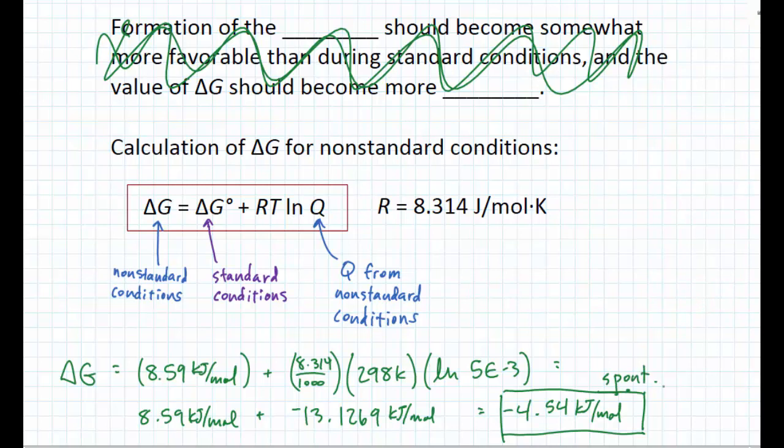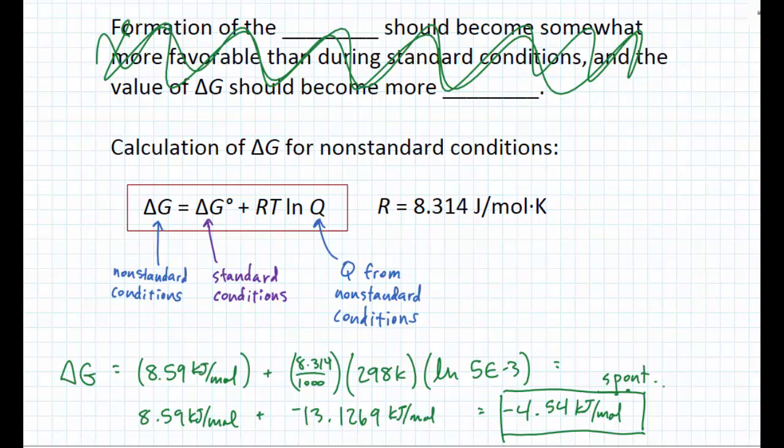So what does that mean if you have a glass of water sitting out in a room that happens to have 5 times 10 to the minus 3 atmospheres of water vapor? It'll start to evaporate. It will evaporate. Okay? Whether or not it evaporates depends on whether or not the air is saturated with water vapor or not.